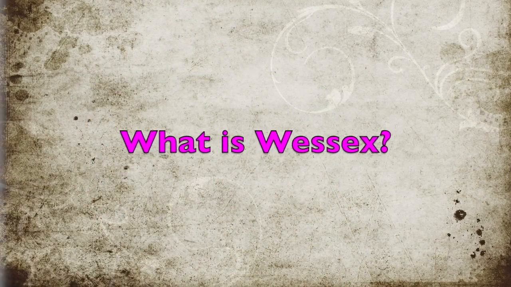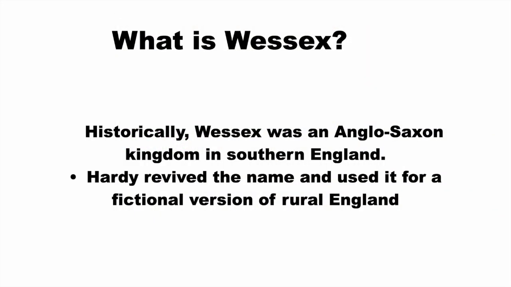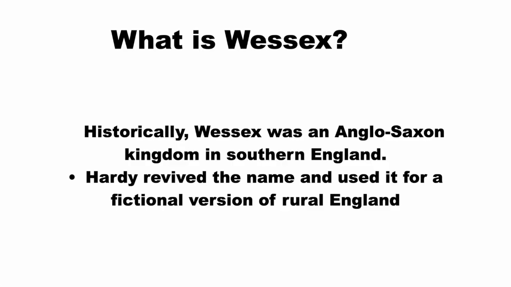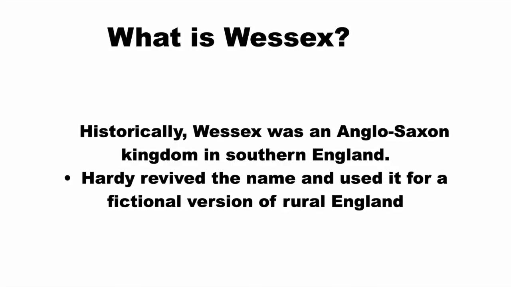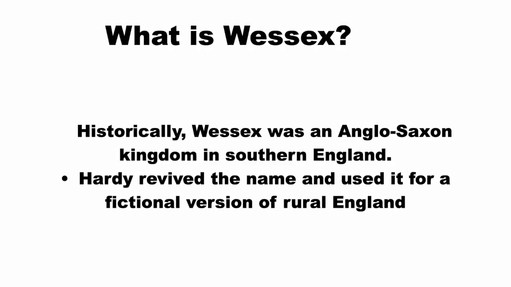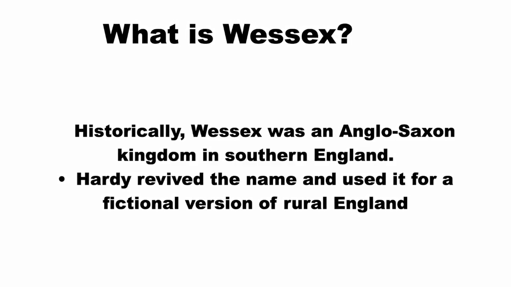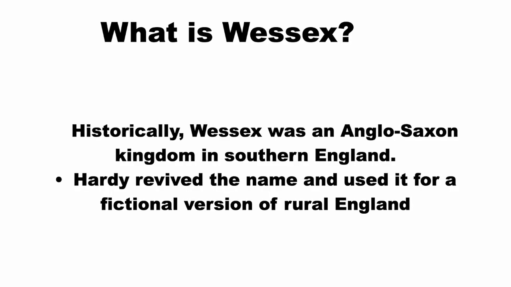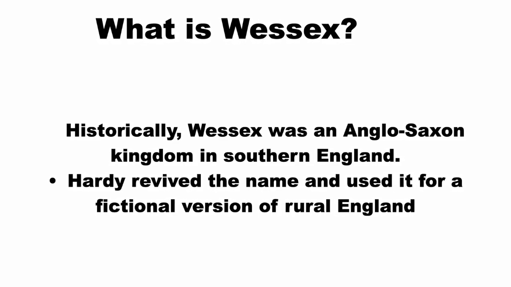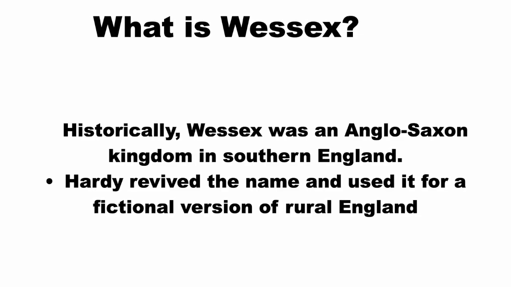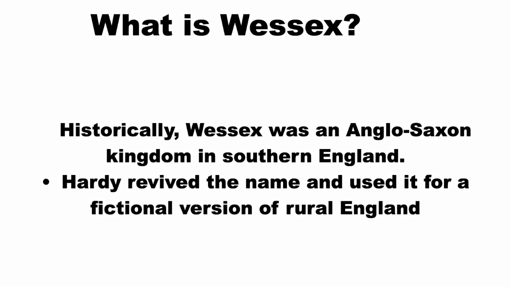So, what is Wessex? Historically, we see the reference of Wessex as an Anglo Saxon kingdom in southern England. Hardy revived the name and used it for a fictional version of rural England. It mainly corresponds to the counties of Dorset, Somerset, Wiltshire, Hampshire, Devon, and Berkshire.